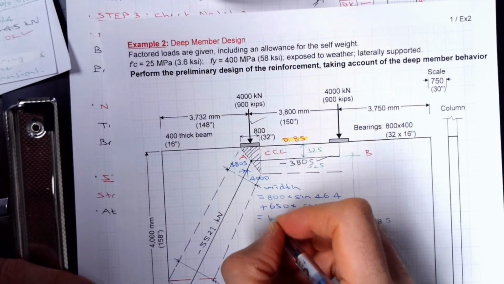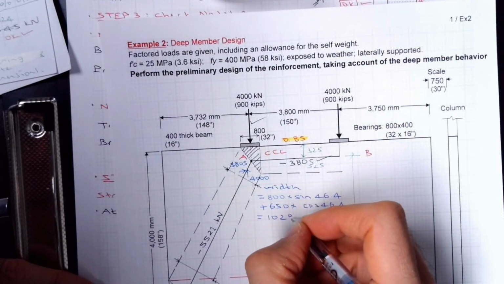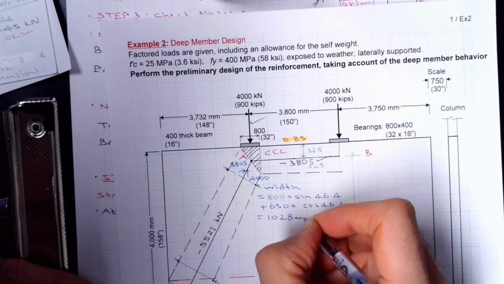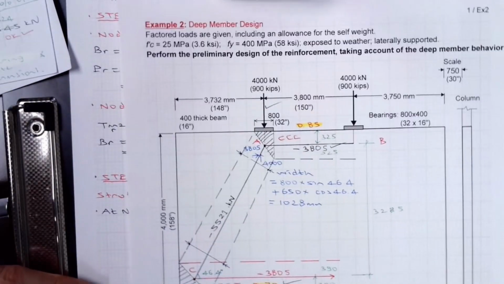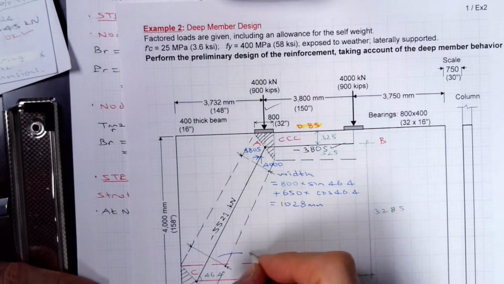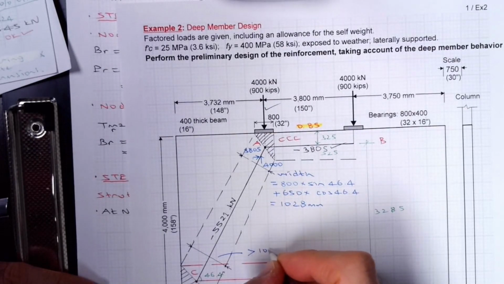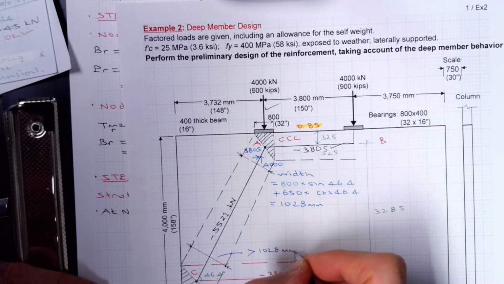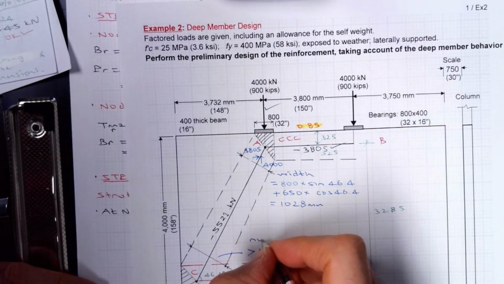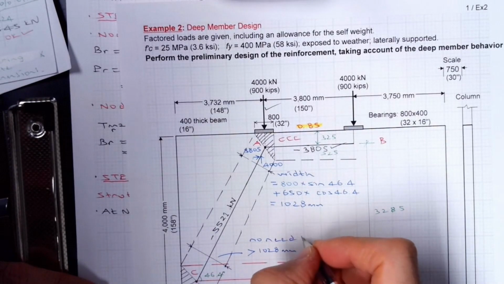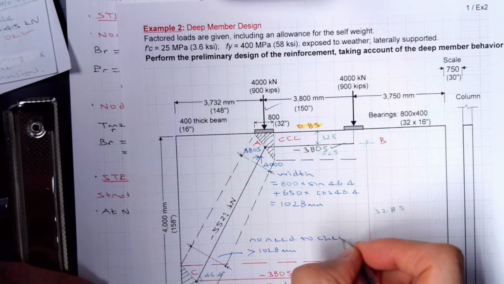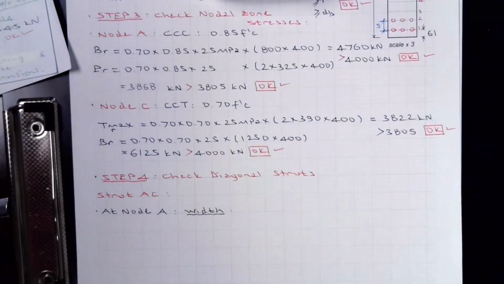So if you do that, 1028 millimeters. The other width would be larger, so this is going to be larger than 1028, so I'm not checking it. No need to check that one.